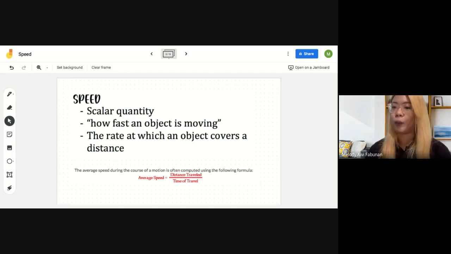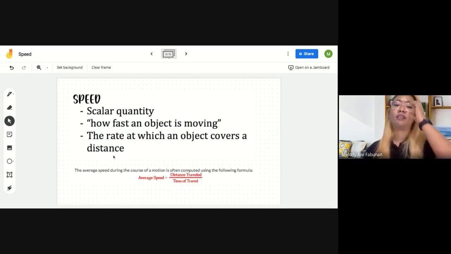Additional information about speed is that it tells us how fast an object is moving. The idea of fast in physics is that we are covering a lot of distance in the shortest amount of time. That's why speed is the rate at which an object covers a distance.